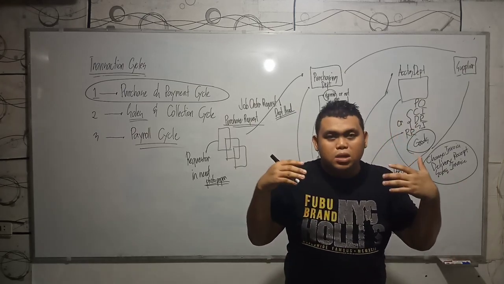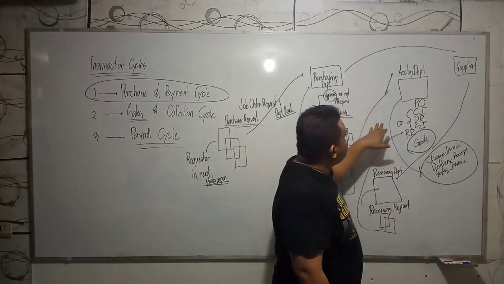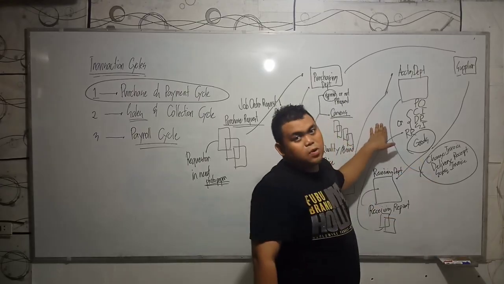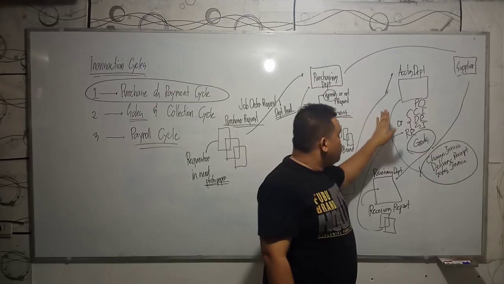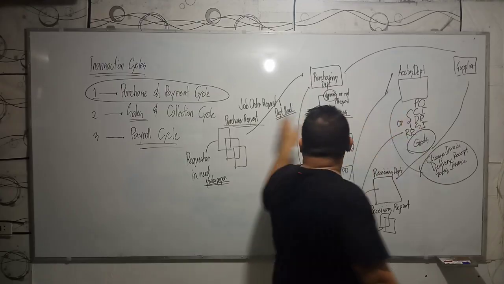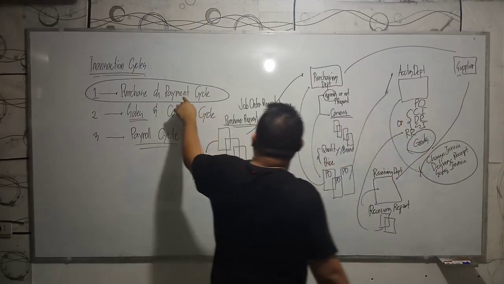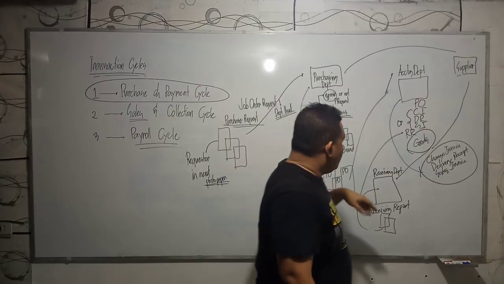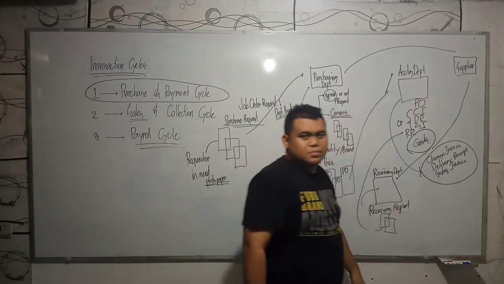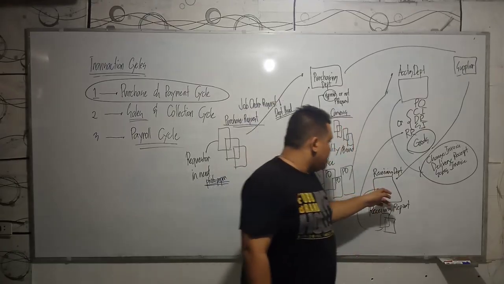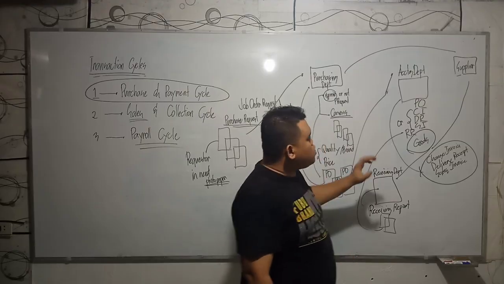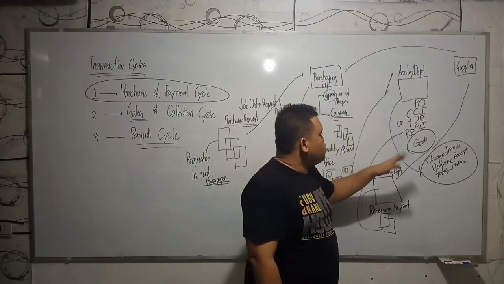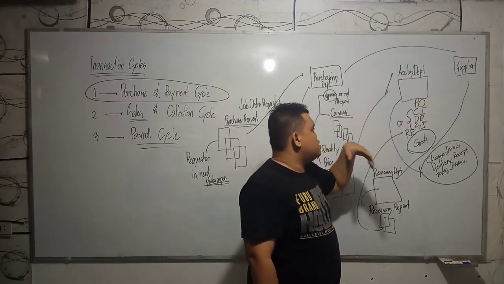And if there are no discrepancies, then the accounting department can now process for payment. Okay? But before processing for payment, because we're still in the purchasing cycle, not yet in the payment cycle, let's go right here.